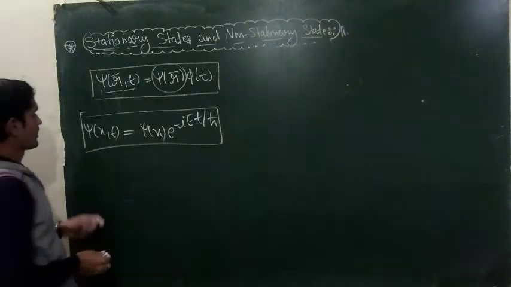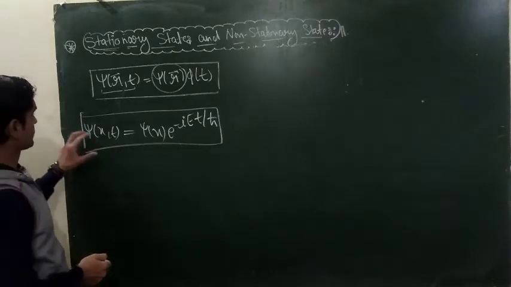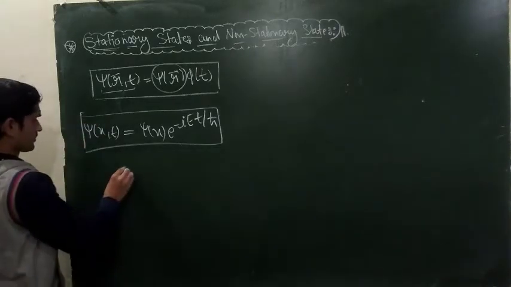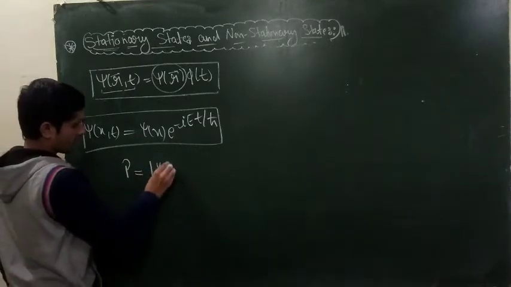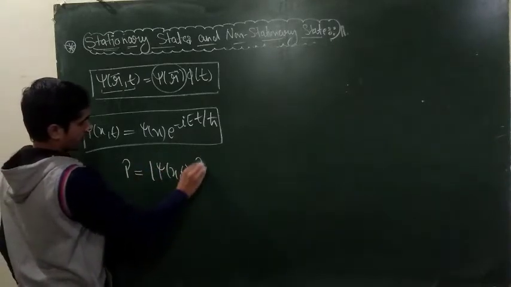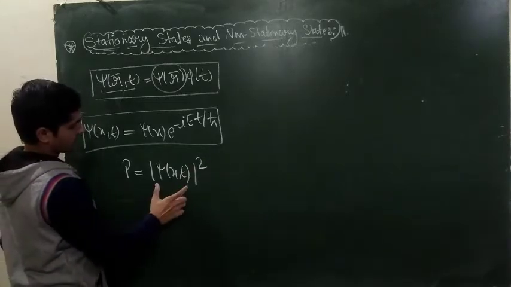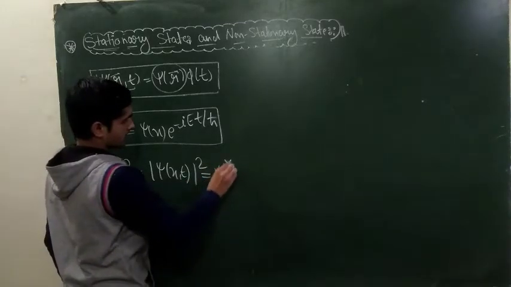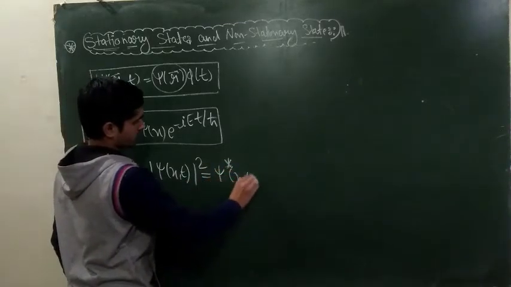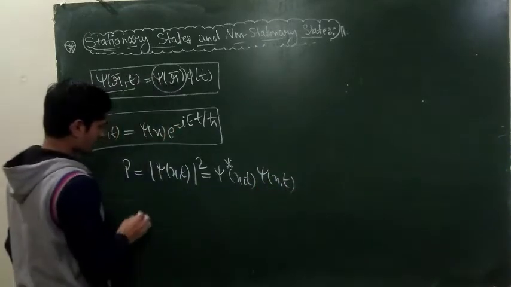Now if you want to calculate the probability density for this particular state, the probability density is the square of the mod of psi of x and t, right? And we know that this is a complex function, and we can write it as the complex conjugate of psi of x and t into psi of x and t, right?